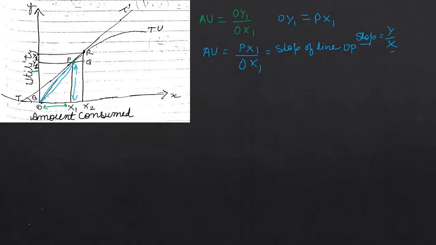and if we denote this angle by alpha, then trigonometrically it is tan alpha.